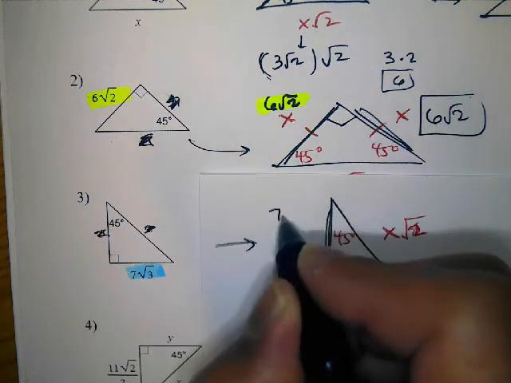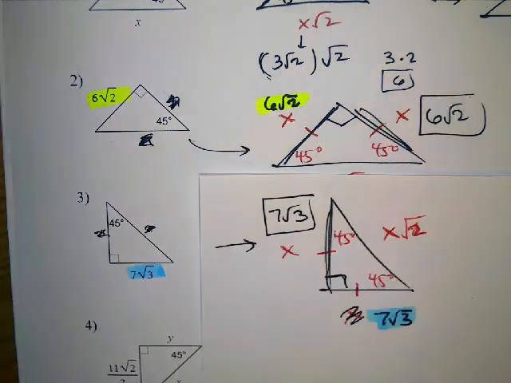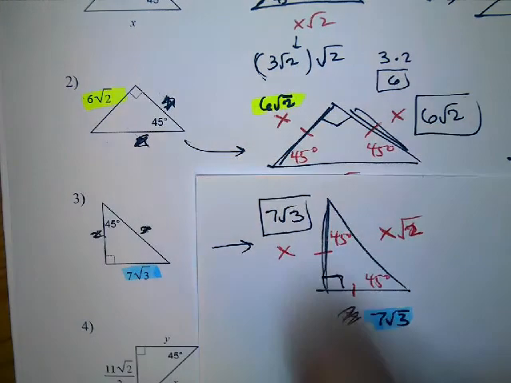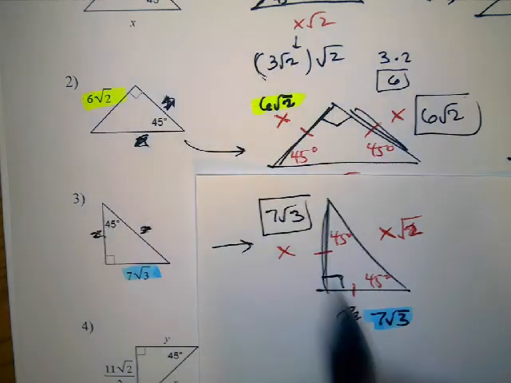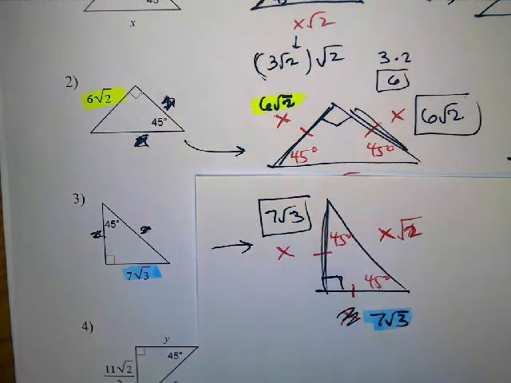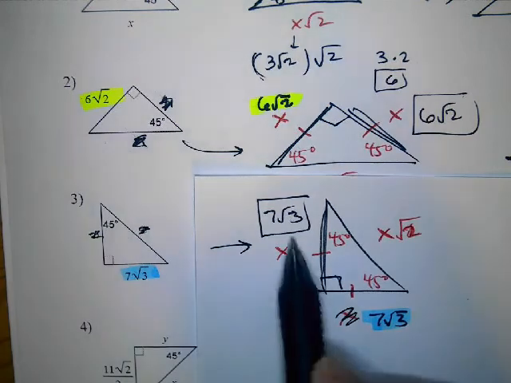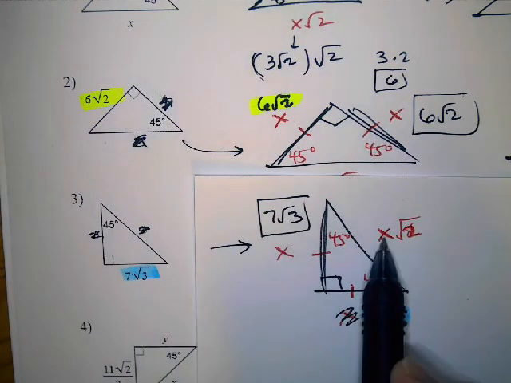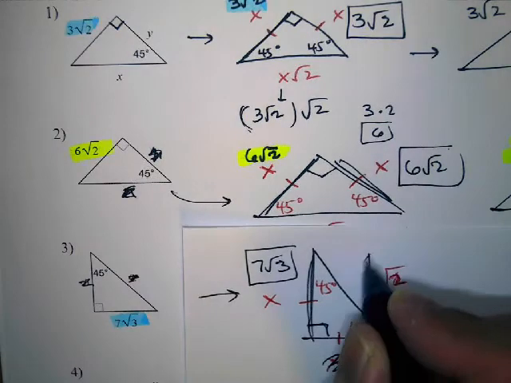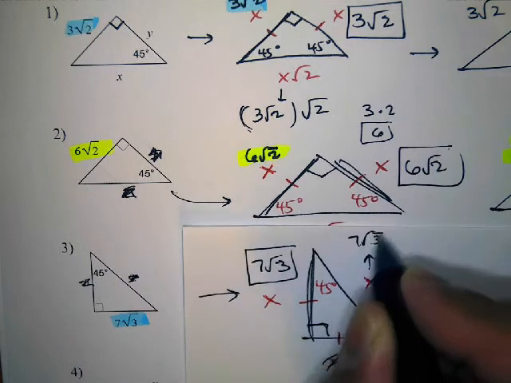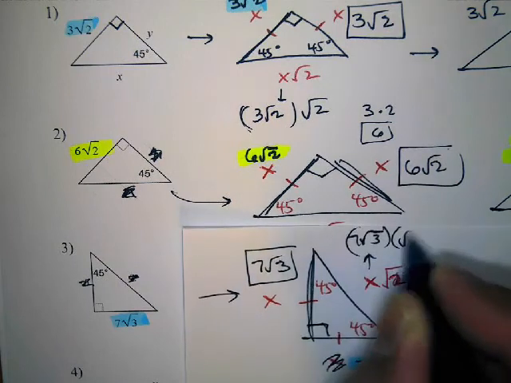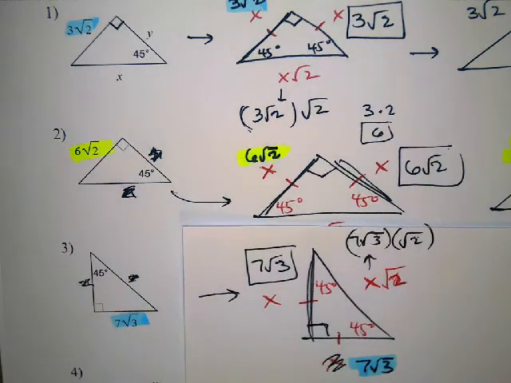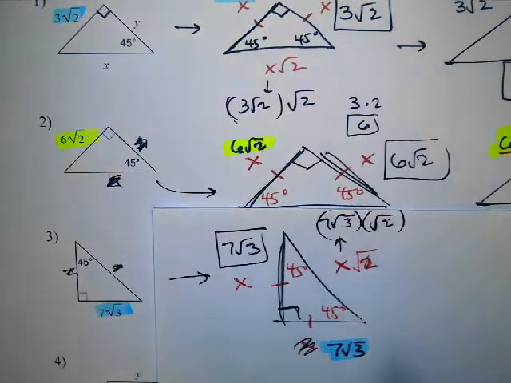What's this one? The legs are the same, right? It means this one's 7 root 3 also. These legs have to be congruent. Now the question is, how do you get this hypotenuse? Well, remember, x is 7 root 3. So here would be a 7 root 3 times root 2.